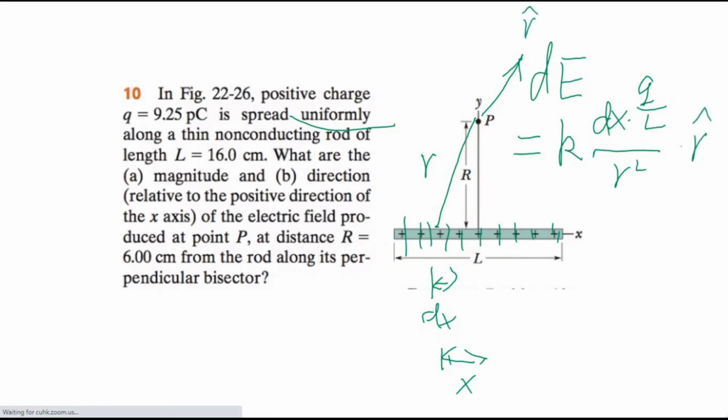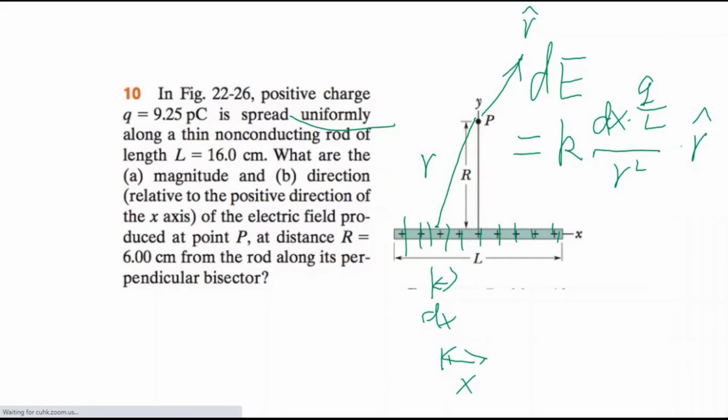But in this case, because it's symmetric between the left and right, we don't need to calculate the component along the x-axis, right? They cancel each other, so we only consider the one along the y direction.